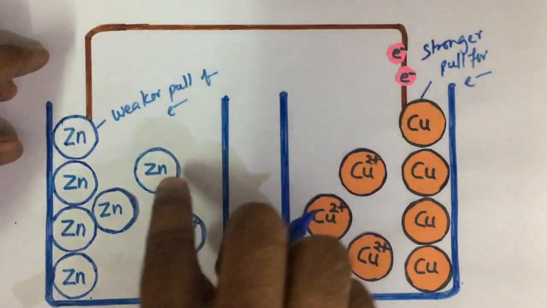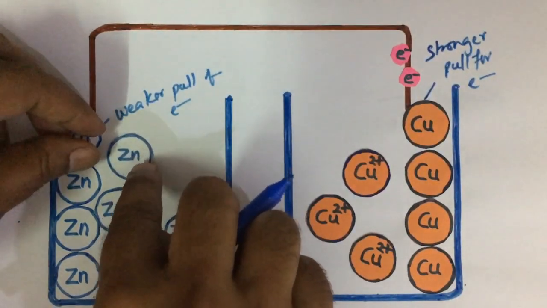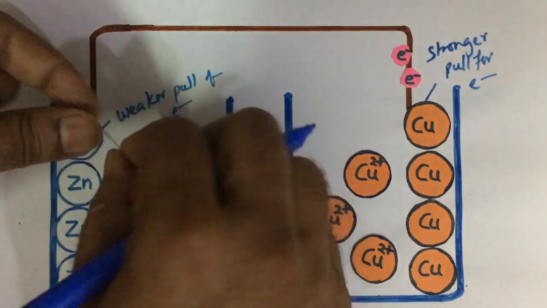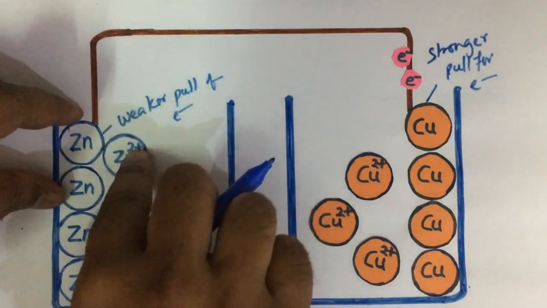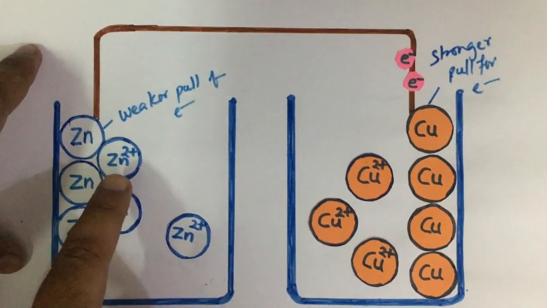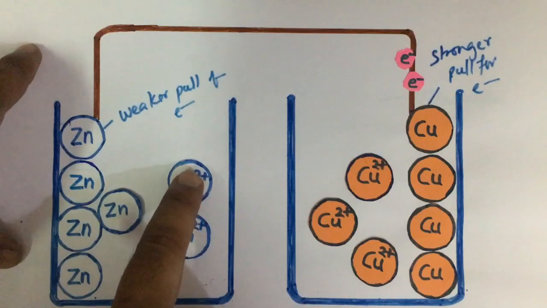So zinc loses 2 electrons. This neutral zinc, when it loses 2 electrons, gets charged and turns into zinc 2 positive, and this zinc 2 positive ion is soluble in water, so it will move to the solution.